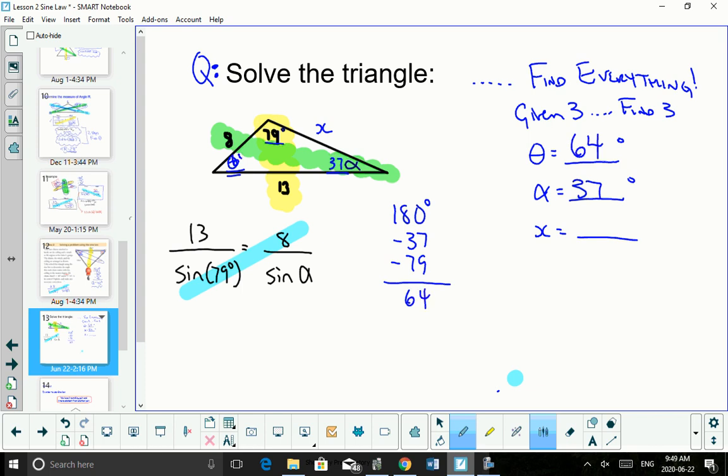Okay? So now all I have left to do is find x. So I still have my full match, 13 over sine 79. By the way, you have another full match now. You've got the 8 and sine 37, so you're welcome to do that. So that's your full. This is now your half, x over sine 64.